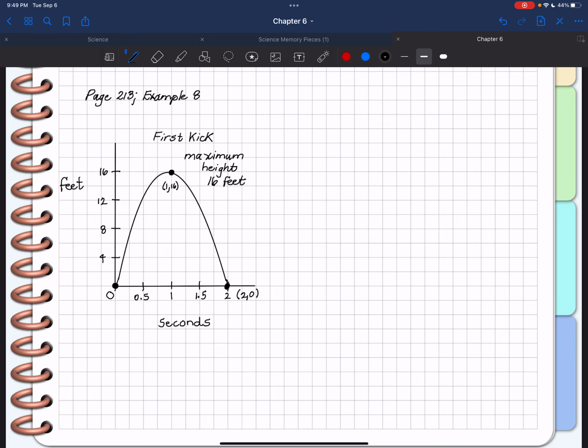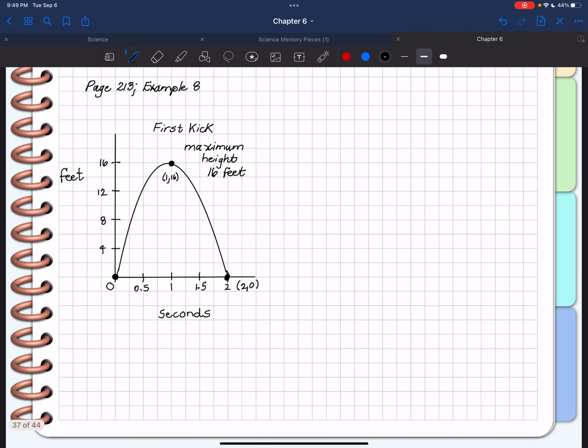All right, the second kick is given to us in a table. So let's draw a table. It is a horizontal table. I was thinking about making it a vertical table, but I'm just going to leave it the way it is. And we have 5 points on this table.